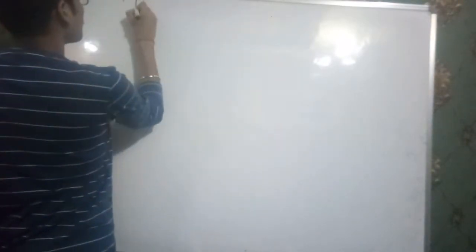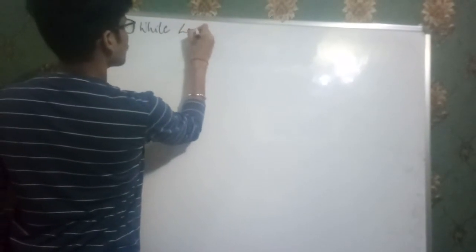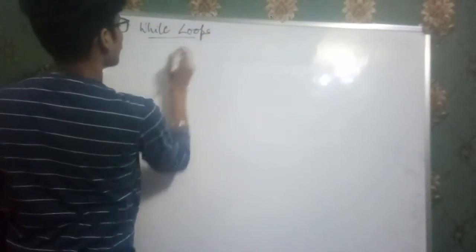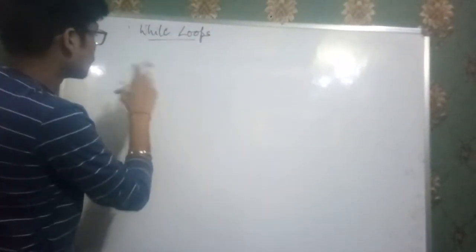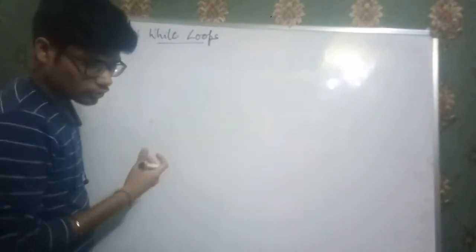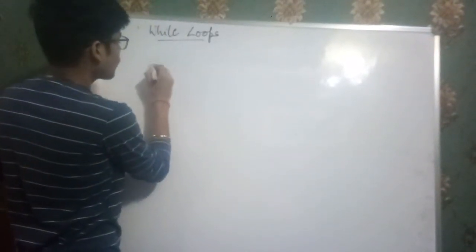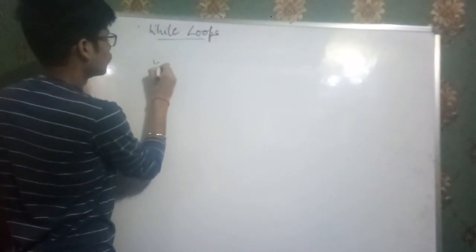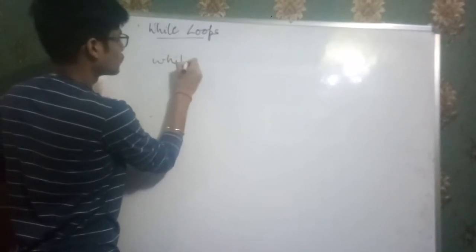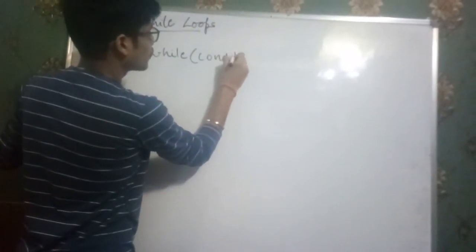So in while loops, we have a statement and a condition, or you can say an expression and a condition. Our syntax for the while loop will be: while, condition.